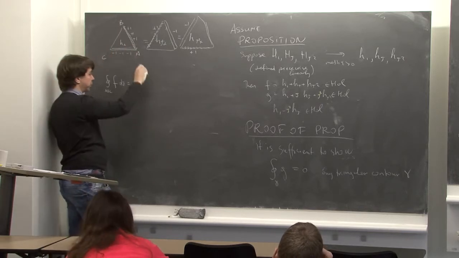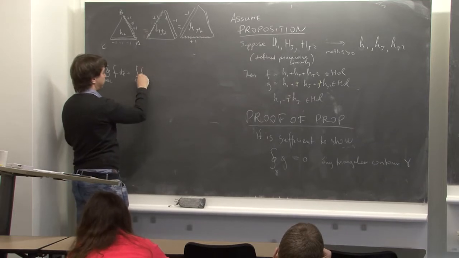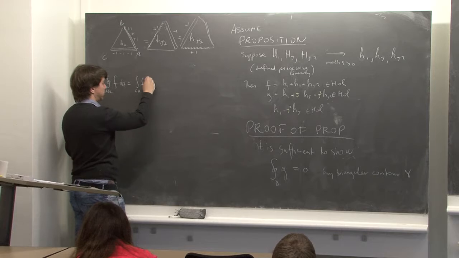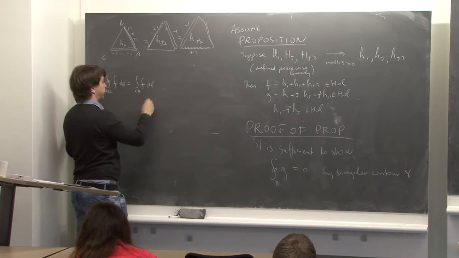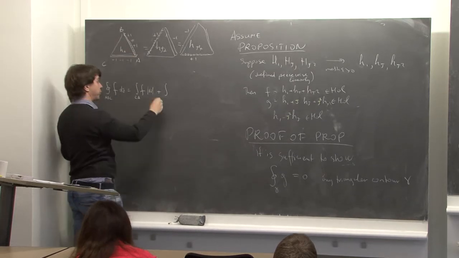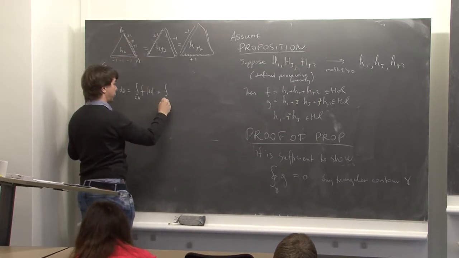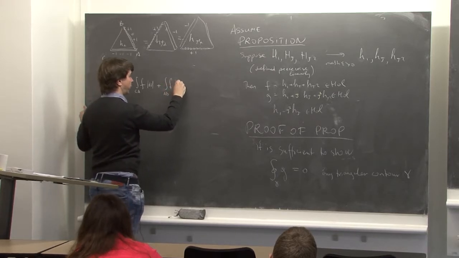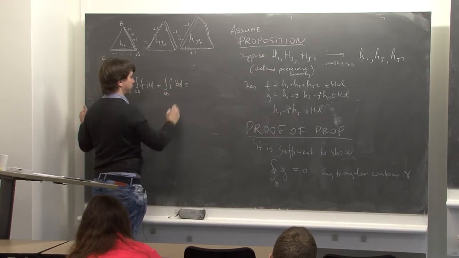So it's just the integral over CA of f times the length, dz. Now, plus the integral over AB, where we go in the direction tau, so we get f dz in the direction tau.